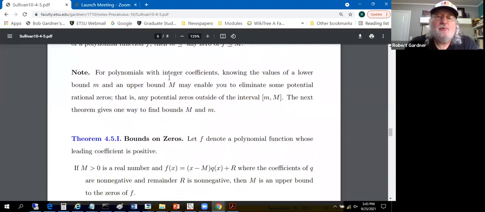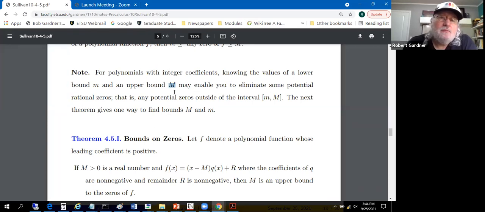For polynomials with integer coefficients, knowing the values of lower bound little m and upper bound capital M may enable you to eliminate some potential rational zeros. For example, if I've got these bounds and I know, say, none of these zeros are greater than 5, and I apply the rational roots theorem and I get, maybe, plus or minus 10 and plus or minus 30 as potential rational zeros.